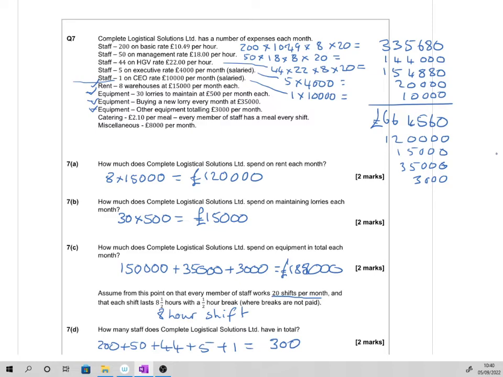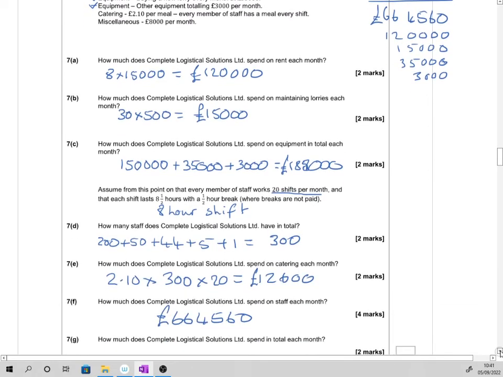And the catering, how much did we say the catering was? £2.10 times 300 times 20.